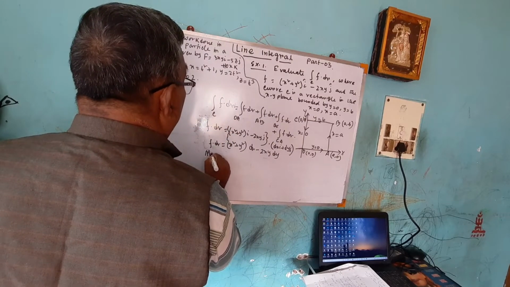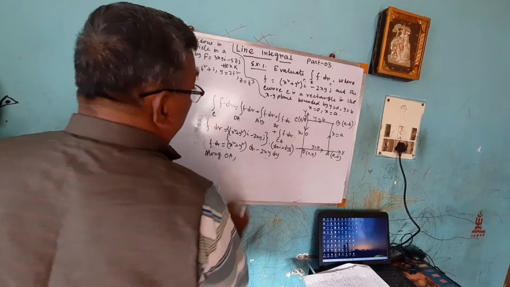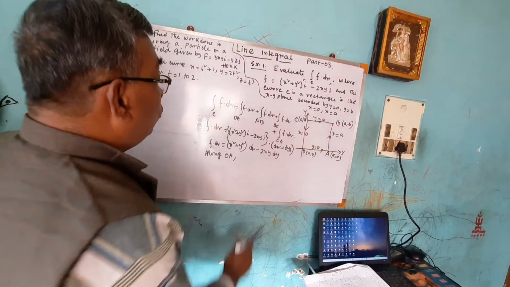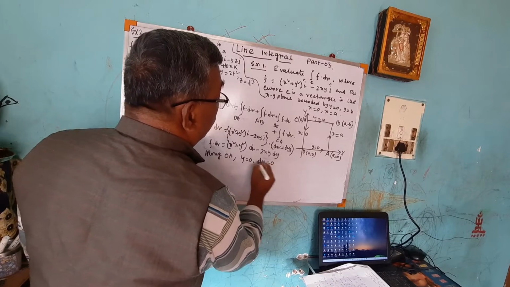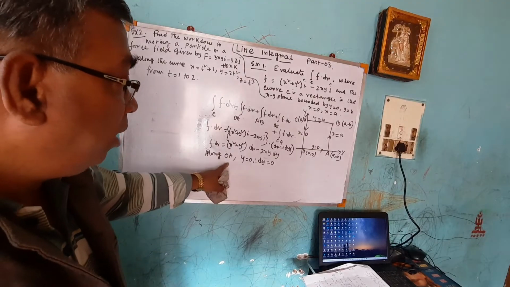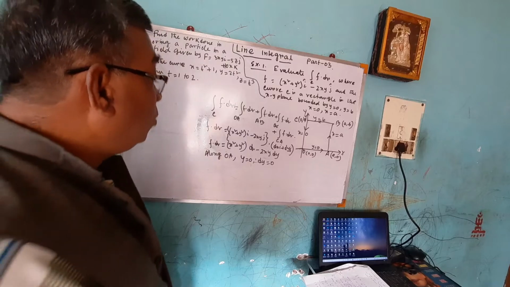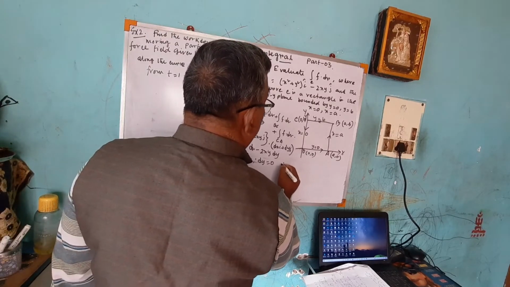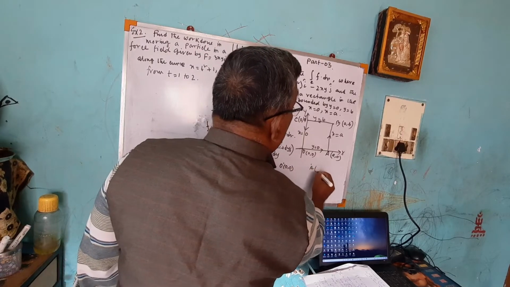Now along OA, y equal to 0, because OA is the x axis. So dy is also 0. O is 0, 0, and A is a, 0.